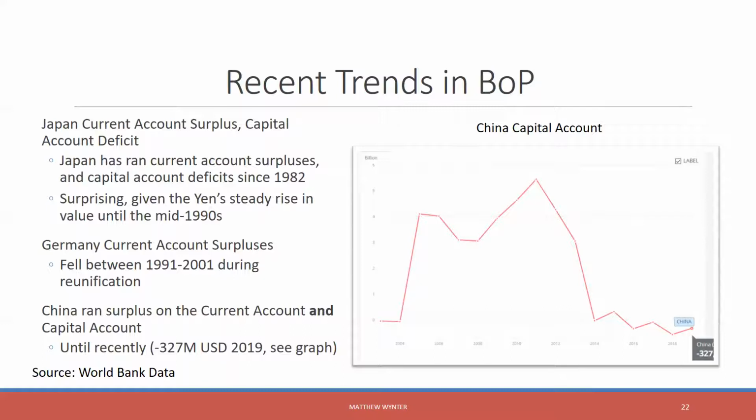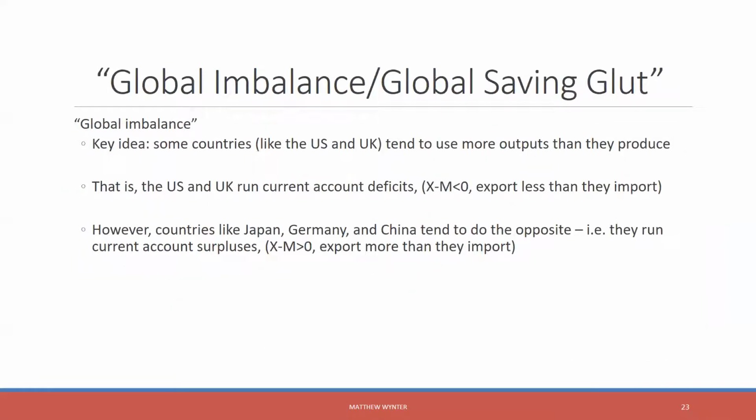But for the most part, China tends to run a capital account surplus, meaning that China exports more than it imports, that's the current account surplus, and that China generally has attracted more investment in than it's made investment out. So let's put that all together.